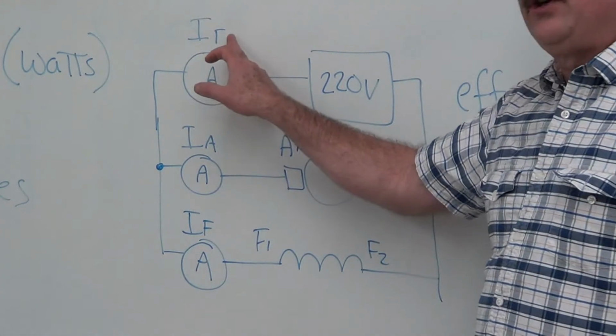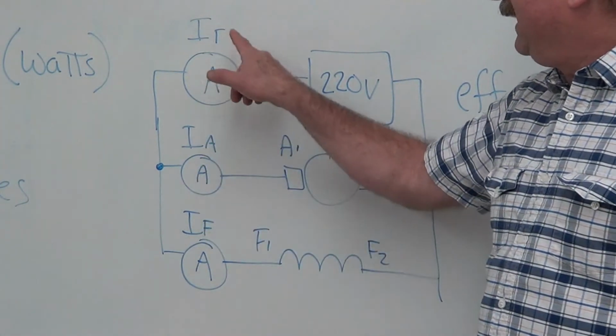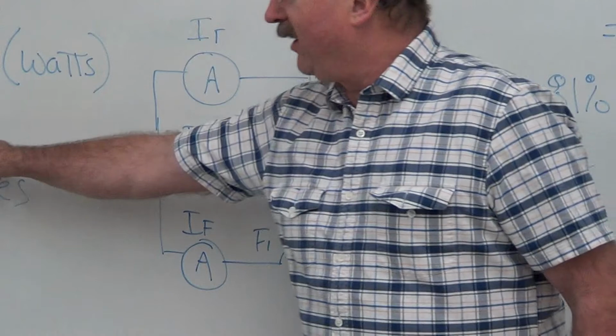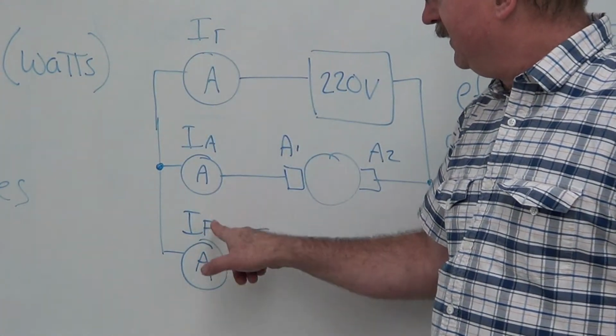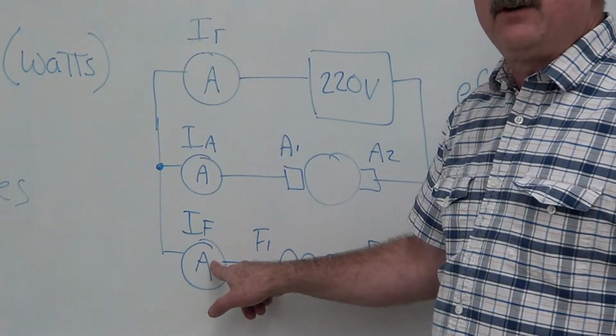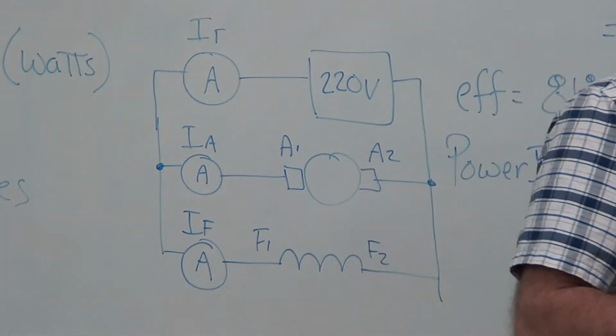IT is your I line. So if we calculate our line current, we can subtract the field current, which we can calculate, and the remainder is the armature current.